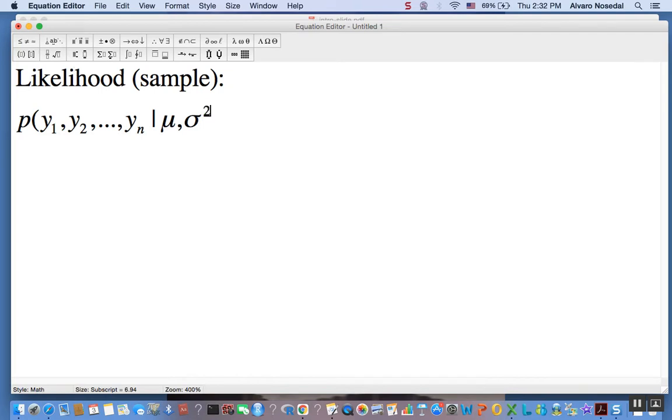So what we did is that we came up with an expression and we used the proportionality symbol where we separated the two statistics, the two functions of the data that are going to be relevant to say something for the variance and for the mean.